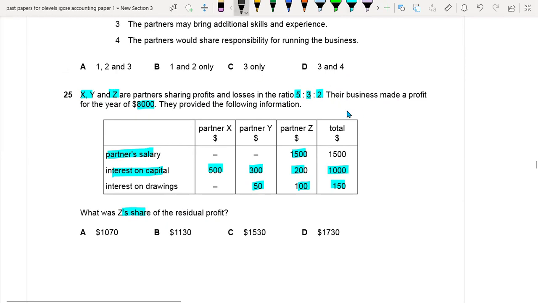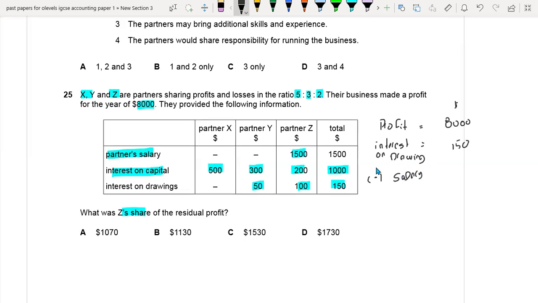So just make the format of the appropriation account. First of all, we have the profit for the year, which is 8,000. We know that first of all, we have to add interest on drawings. We will not be writing interest on drawings for each and every individual, I will be writing the total of the drawings, which is equal to 150, and deduct the salary.